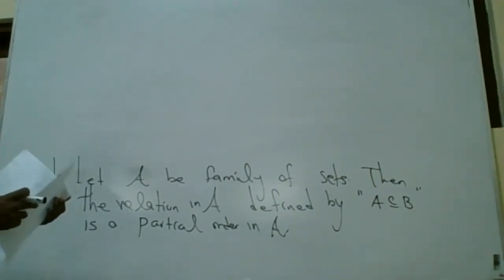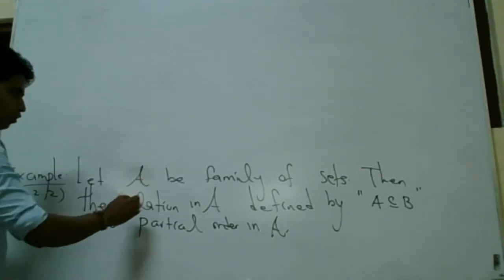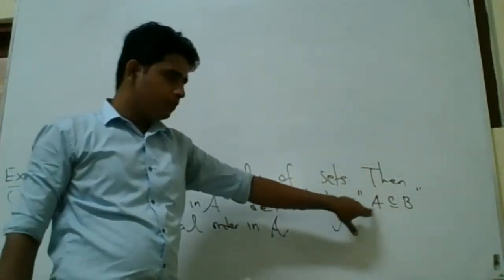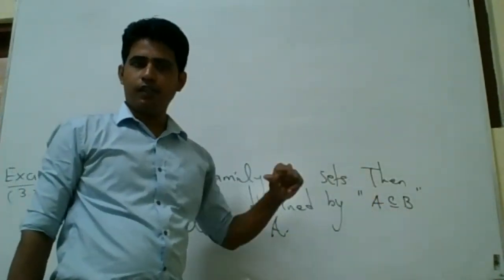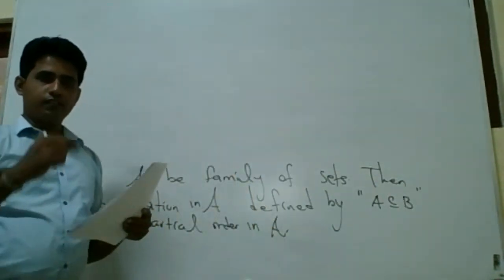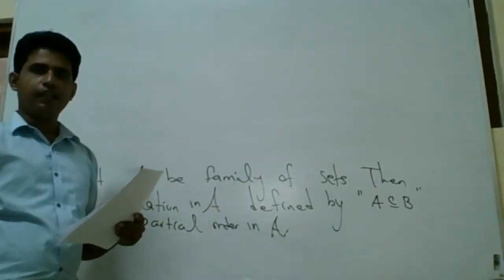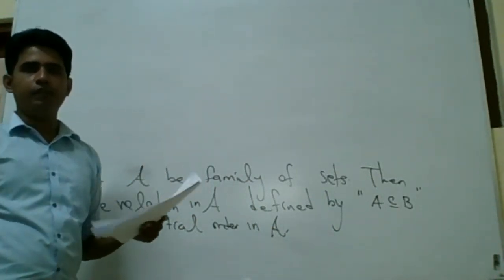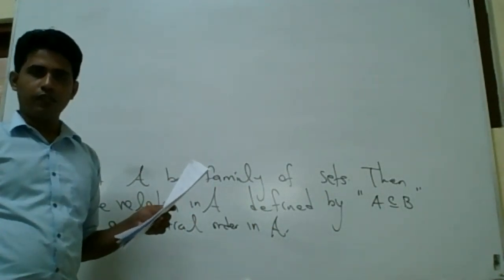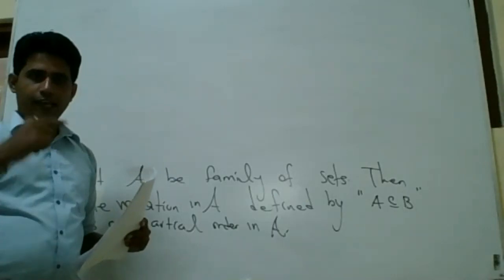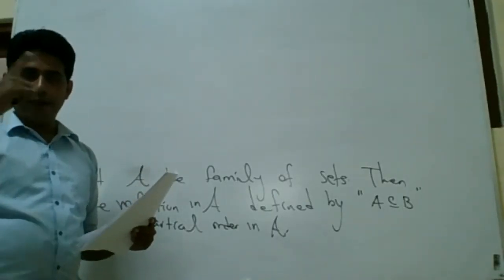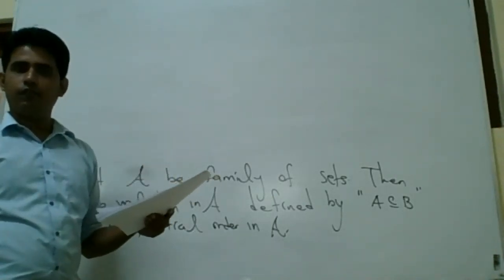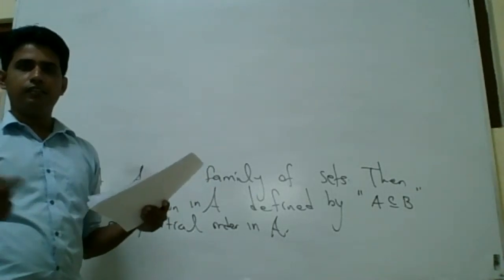Reflexive case: both are the same set, A subset of A, it's okay. Therefore, reflexive. Antisymmetric case: suppose you have two sets, A subset of B and B subset of A, means A equals B by set theory. Both sets are equal. Transitive case: suppose A subset of B and B subset of C, therefore A subset of C, therefore transitive. Therefore, three conditions are satisfied, and you can say that it is a partially ordered set.